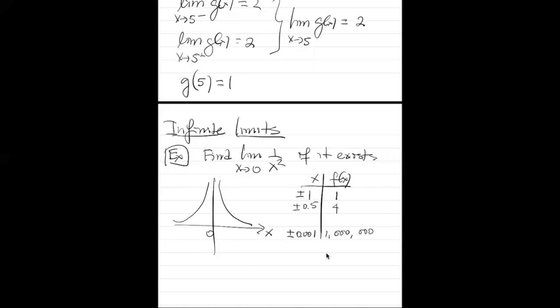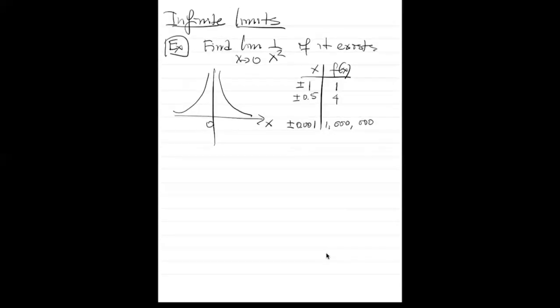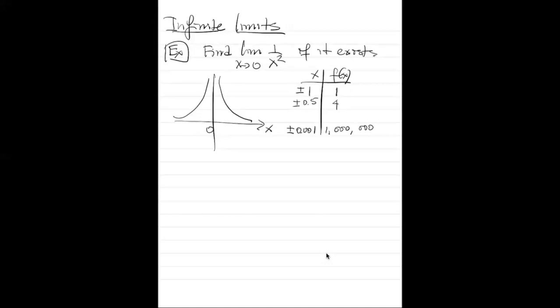So it gets really, really large. So the closer you are to 0, the larger the numbers for f of x you have. So we can say that as x is approaching 0 from the right and from the left, x squared is approaching 0 as well. But 1 over x squared is very large, so it's approaching positive infinity.